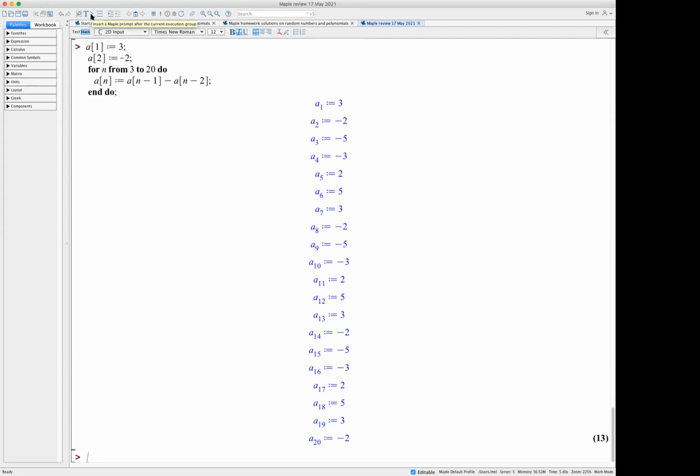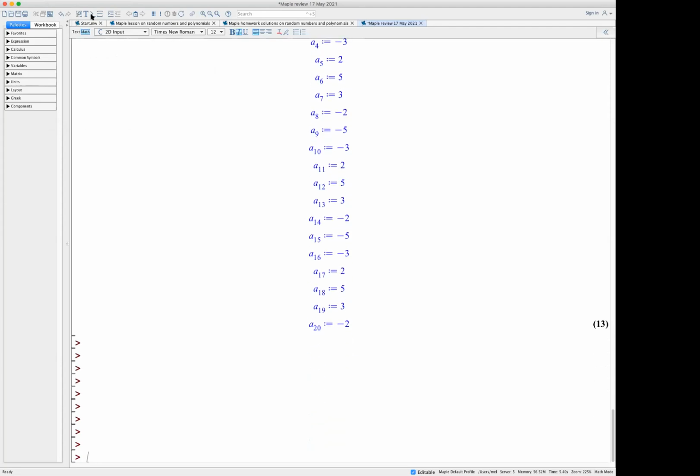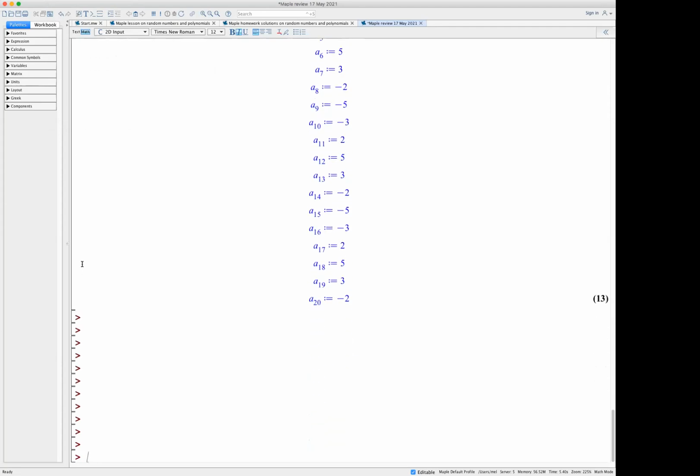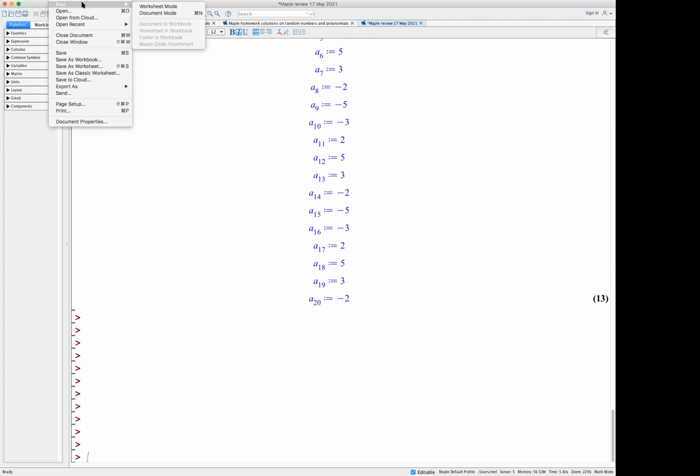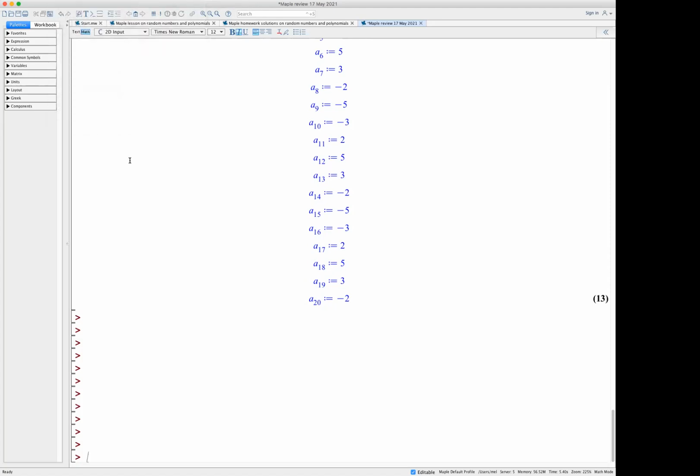Okay, if you click on that... Now, when you open Maple, if you go to File, New, you have a choice: Worksheet mode or Document mode. If you choose Worksheet mode, then these red arrows, these command prompts, will come up automatically. If you choose Document mode, then you're going to have to insert them yourself. But we never use Document mode, so you can just use Worksheet mode. That's usually the default.